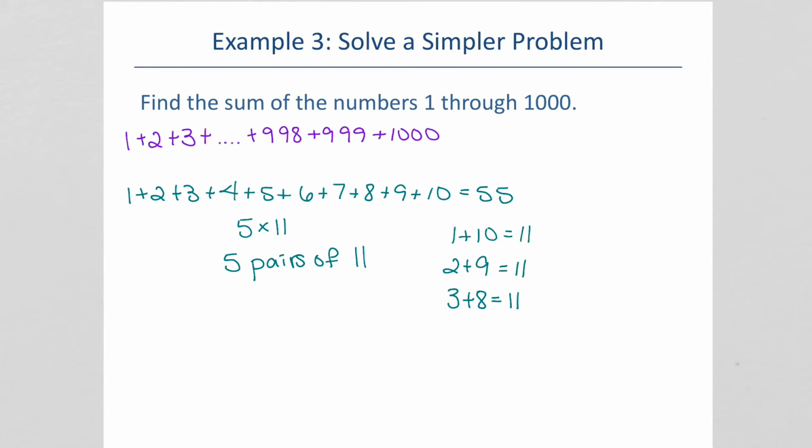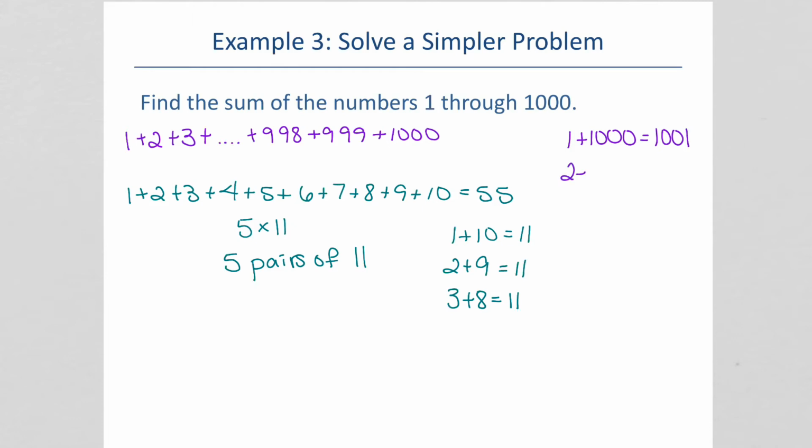with 1 through 1,000. So starting with 1 plus 1,000. Instead of 1 plus 10, we're using 1 plus 1,000. We should get 1,001 instead of 11. Okay?